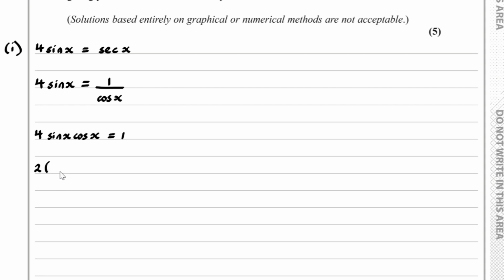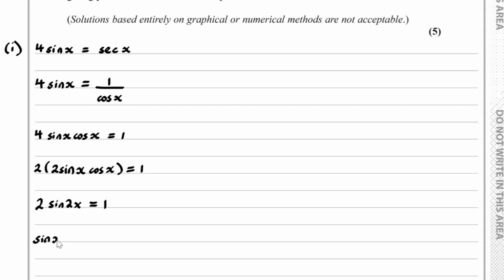And we can rewrite this as 2 times 2 sin x cos x equals 1. And the reason we want to do this is because we can recognize 2 sin x cos x is the same as sin 2x. So I've got 2 sin 2x equals 1.